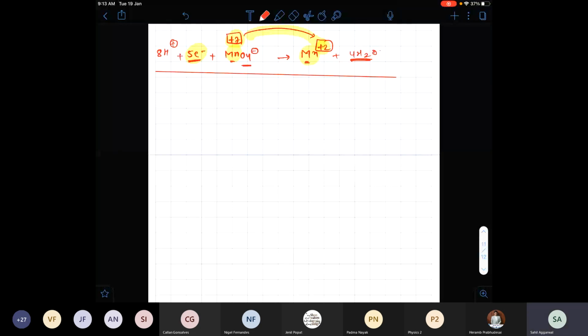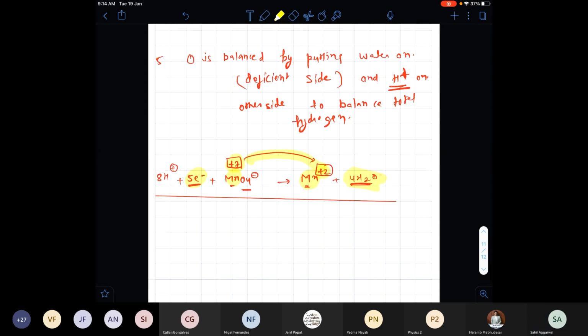Where you have more charge, put the difference. Whatever the difference is, put that many electrons on the rich side. Then try to balance the oxygen atoms. For 4 oxygen, put 4 water. When you put 4 water, there will be additional 8 hydrogens. Balance those 8 hydrogens with 8H plus. What are you not getting in this?